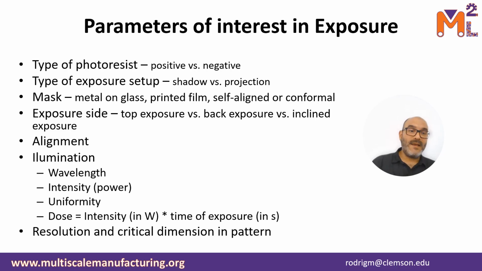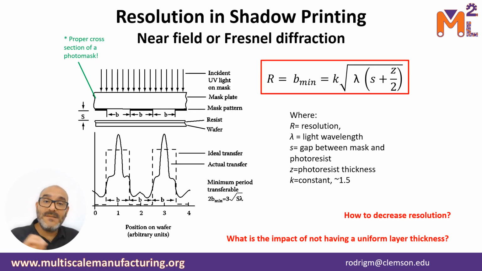So again, parameters of interest in exposure: the type of photoresist, the exposure setup, the mask itself, the exposure side, top or through the substrate, the alignment, the illumination, and the resolution and critical dimensions in the pattern. Now, for the case of shadow printing, we will be working in the near field, or Fresnel diffraction, right?